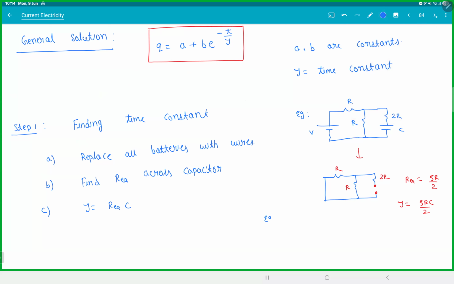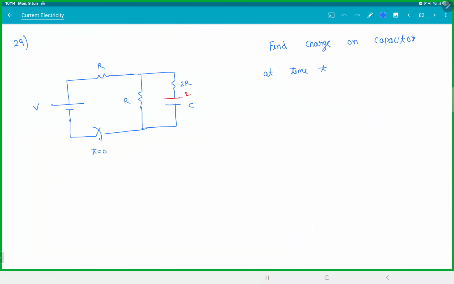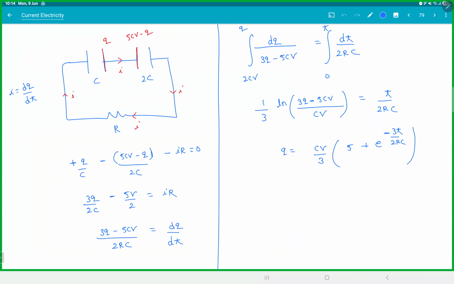You can actually even do it for these guys also. When we took the two capacitors, C and 2C, I can just make that C and 2C into one capacitor, which is 2C by 3. Here the time constant is 2RC by 3. Can you see the time constant here, 2RC by 3?